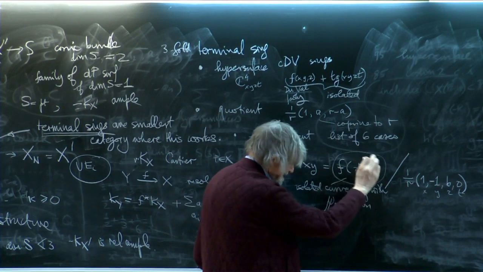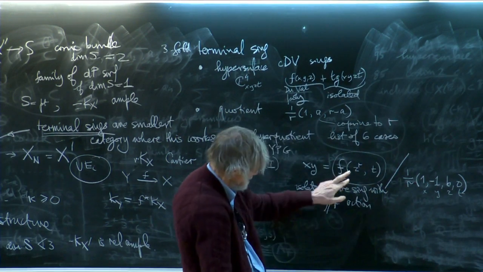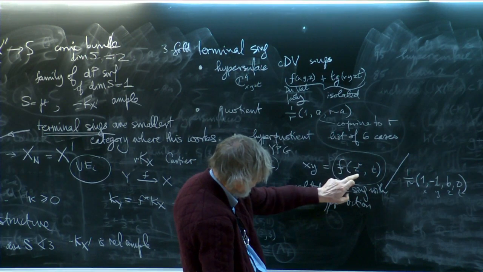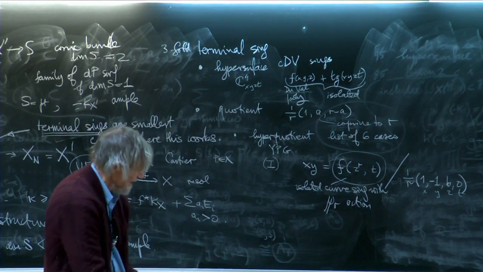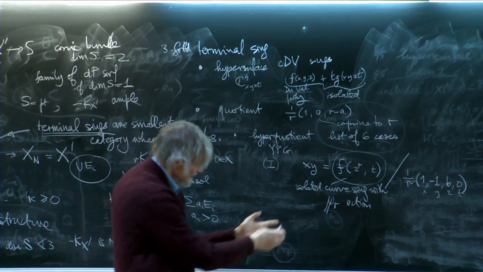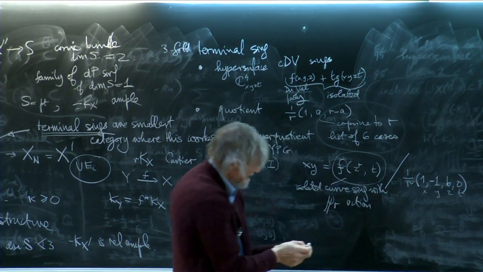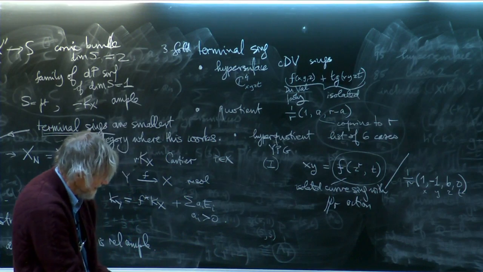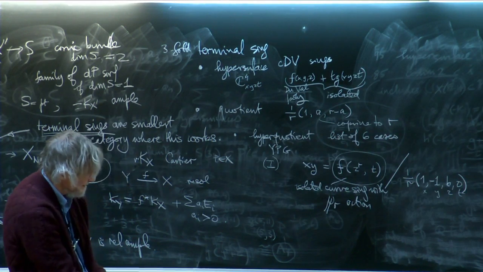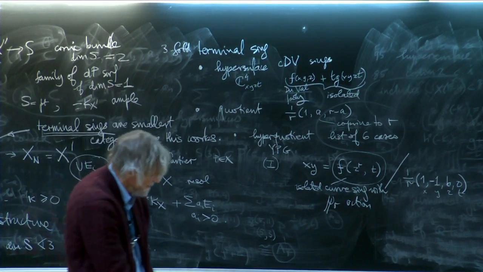There's an isolated singularity in z and t, but z can only appear as z to the power of r. Yeah, and so this is still a big class of singularities. It's essentially all isolated plane curve singularities.